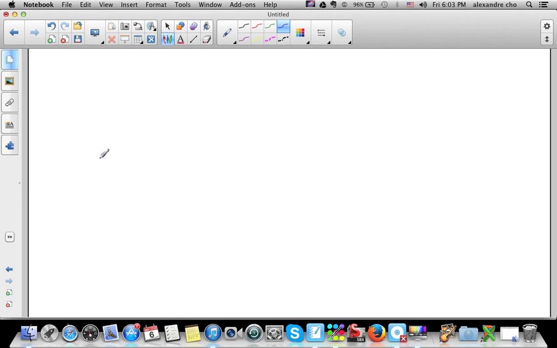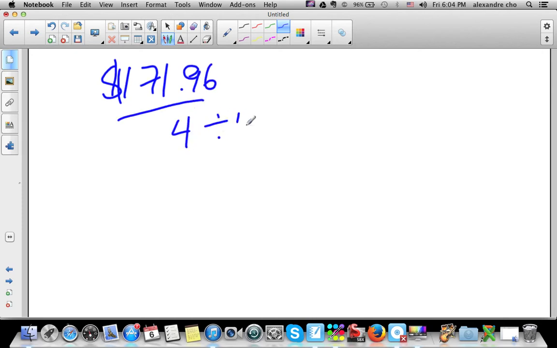So you want to put the money on top. The first one, you get 71.96 over 4 CDs, and doing it this way, you get the price per CD.